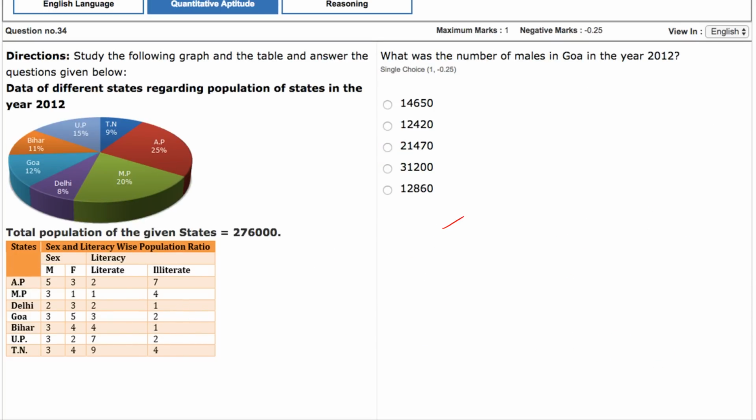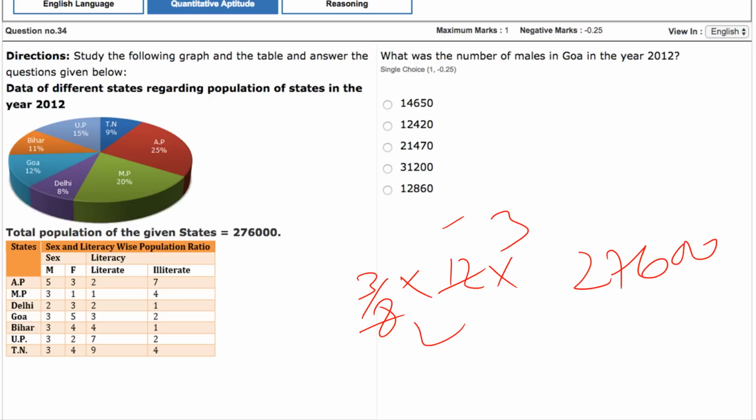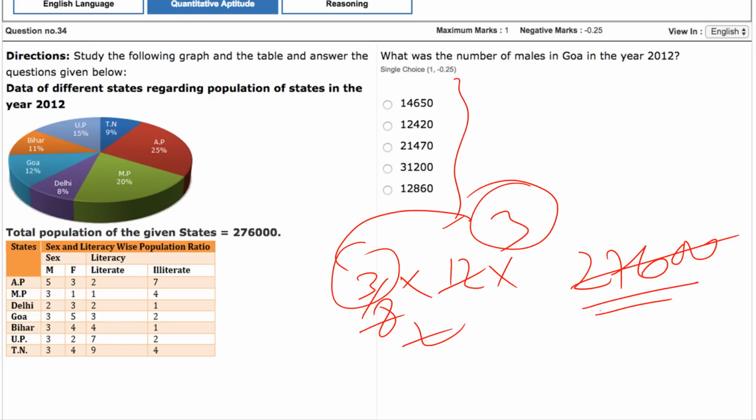Number of males in Goa. Okay, now use your digit sum. This looks like males will be 3 by 8 of how much in Goa, which is 12% of 27600, right? This is 4 to the, and this is 3, and this will anyways get cancelled by 2, and you have a 9 here. Look for a 9 here and your answer is there.